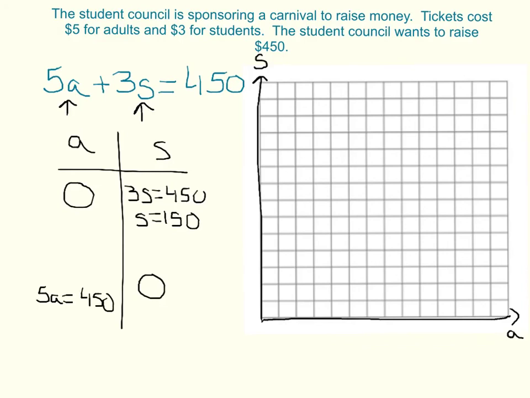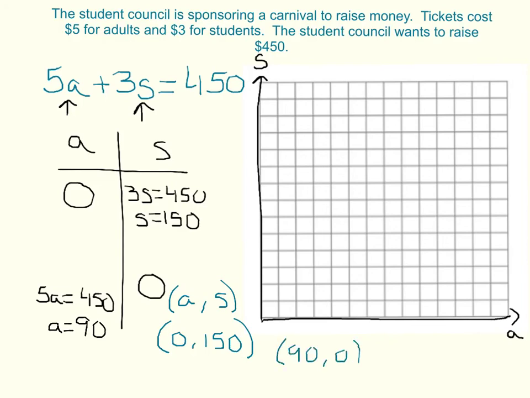Which if you divide both sides by 5, it leaves you with a equals 90. So my two intercepts are the point (0, 150), and this of course is a first, s second, and then my other intercept would be the point (90, 0).